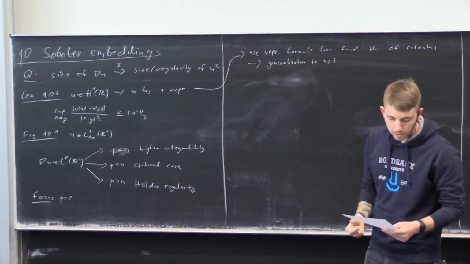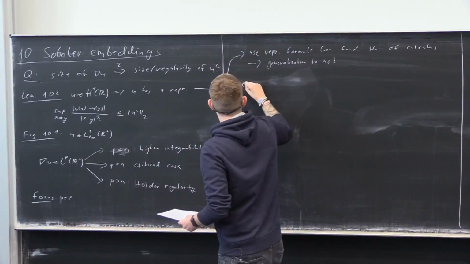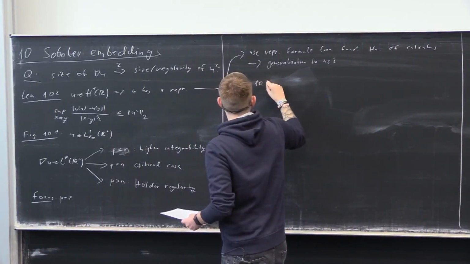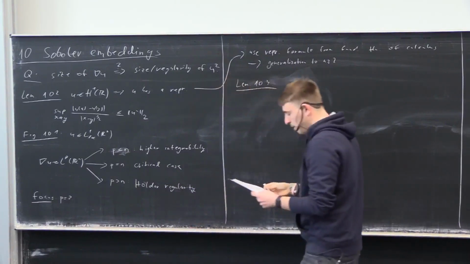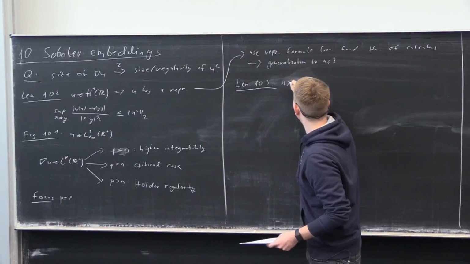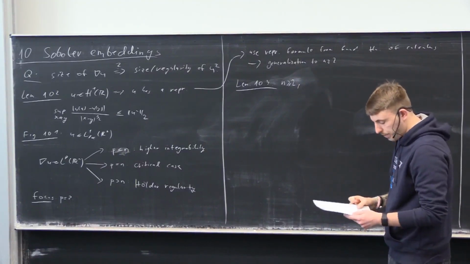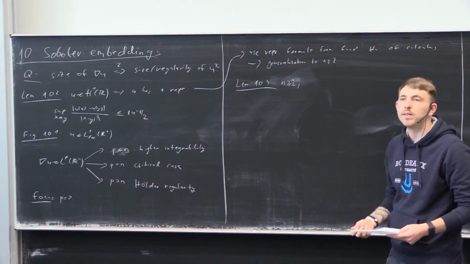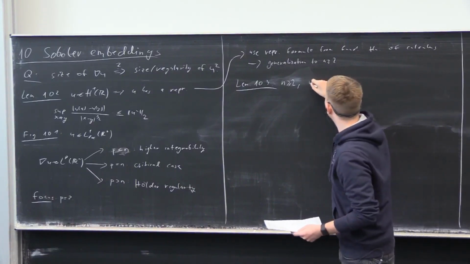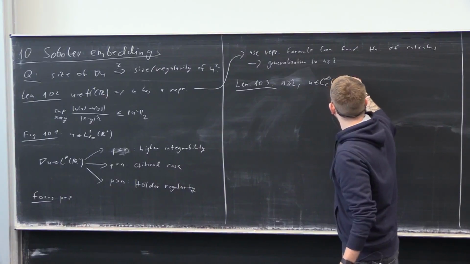Okay, and this is what I'm going to do in the next lemma. Here we have Lemma 10.3. It reads as follows. As I wrote here, we want to work with a dimension which is at least 2. And to obtain these representations we start with regular functions. So I take a function u in C_c^infinity on R^n.